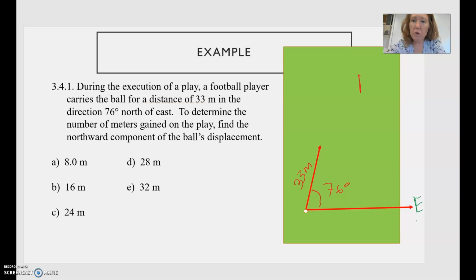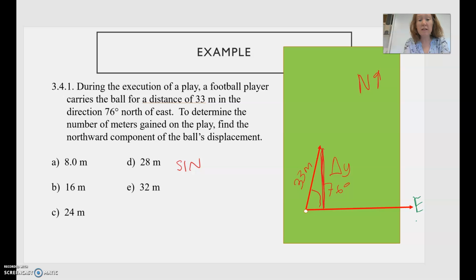So I'm saying north is this direction, east is that direction. I want to know what this side of the triangle is, basically. I'm trying to find, I'll call it delta y. If I'm going to do that right, all I'm doing is geometry or right triangle trig. So I know the hypotenuse, and I know the angle, and I am trying to find the side opposite. So for SOHCAHTOA, I want to use sine.